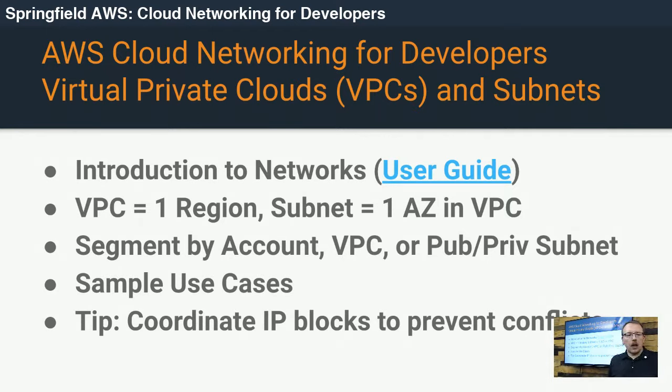But for simplicity's sake, I'm going to focus on EC2 instances and that terminology, because a lot of that will carry over to the containers and the Lambda serverless functions.